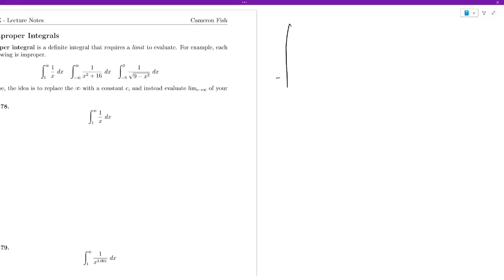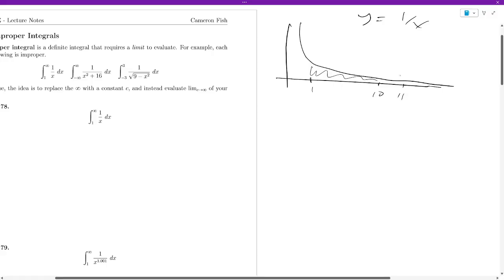So for example, let's look at the graph of y equals 1 over x. It looks something like this. We've done integrals from 1 up to 10 or something to get this area. But it's reasonable to imagine instead integrating up to 11 and seeing what that area is, and then integrating up to 12, and maybe 13.